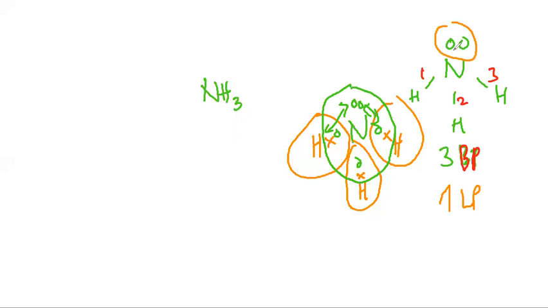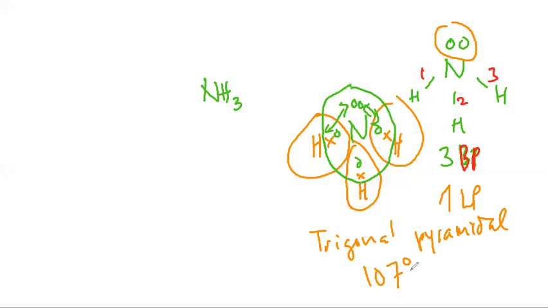Because we know that the repulsion between lone pair and bond pair is less than the repulsion between lone pair and lone pair, the shape of this molecule will be trigonal pyramidal. The trigonal pyramidal has a 107-degree bond angle.